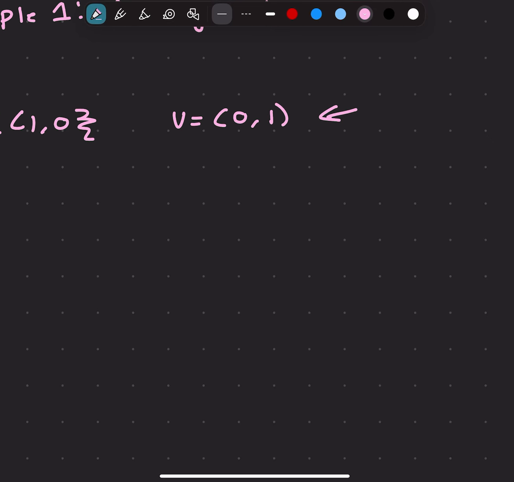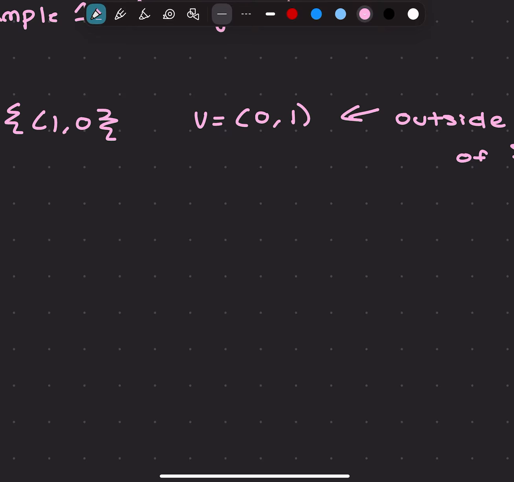We have to note this is outside the span of S. What we get, the result, will be independent.